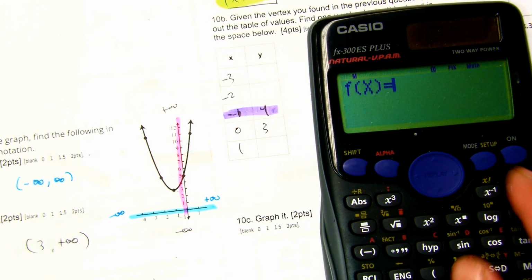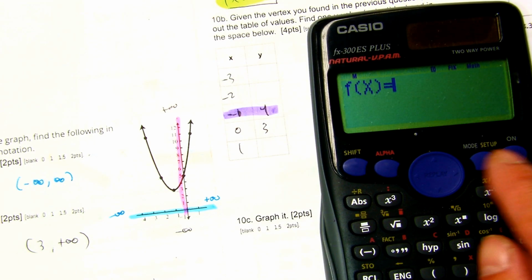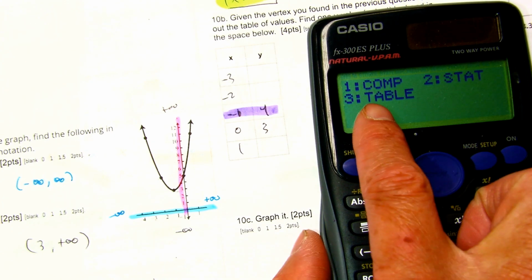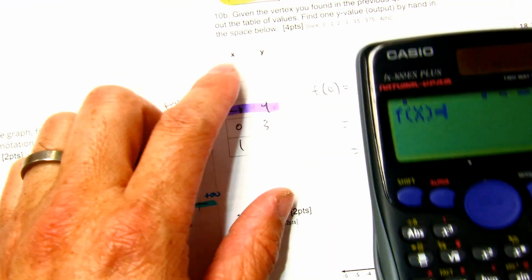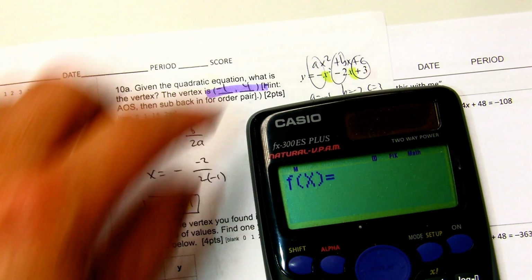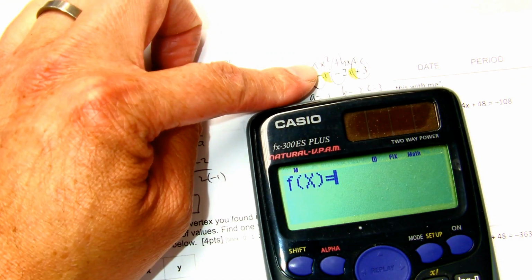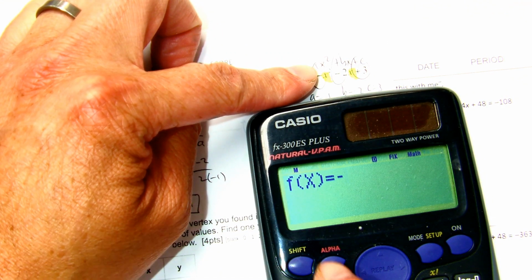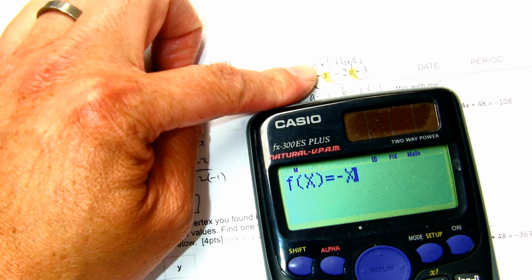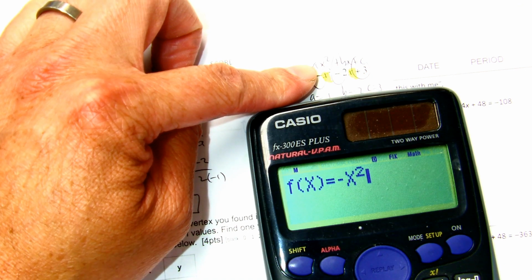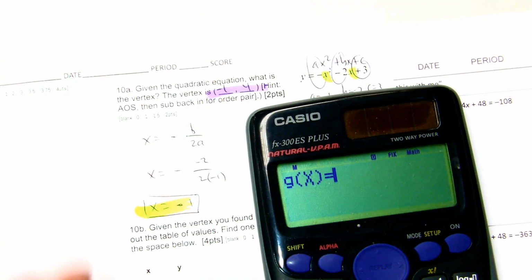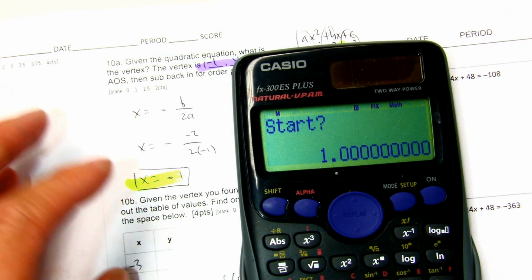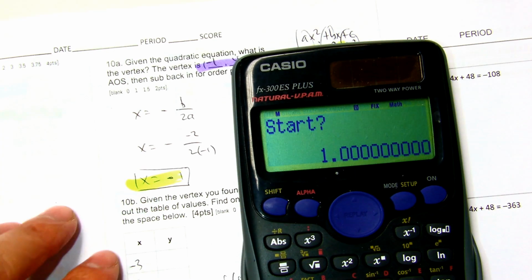Alright, so I'm using a Casio. You can press mode, then table number 3. I'm going to type in this equation. Negative alpha, right parenthesis, squared minus 2 alpha right parenthesis plus 3. When it says g of x, you're just going to press enter. Okay, where do I want to start?